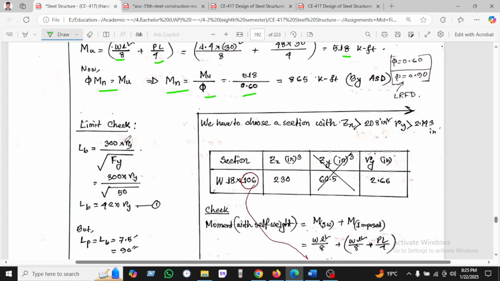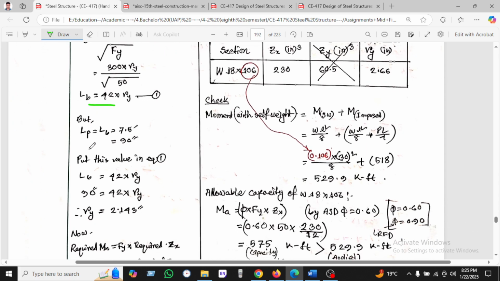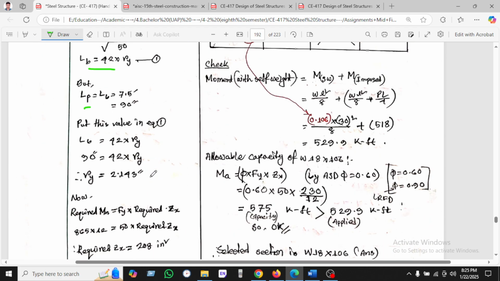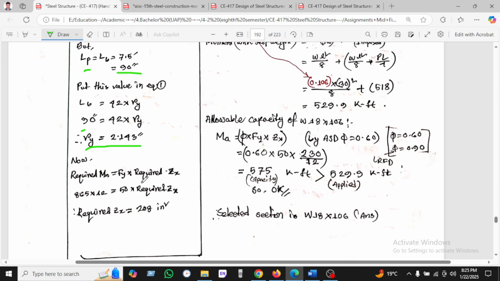Now we check the limit. We do the limit check and use the Lb and found 42 into ry. And we see the Lb is given as 7.2 in the question, and we put this value in here, and 7.2 feet is 19 inches, and found the ry value is 2.143.